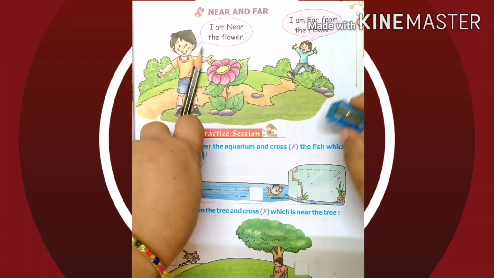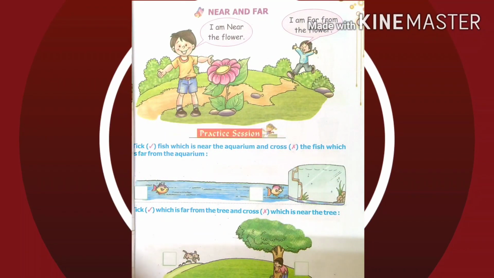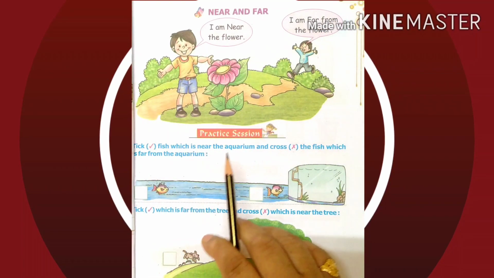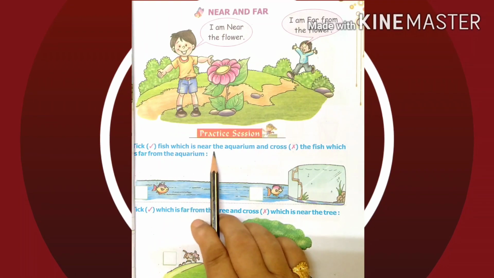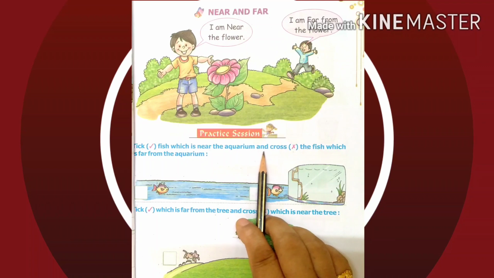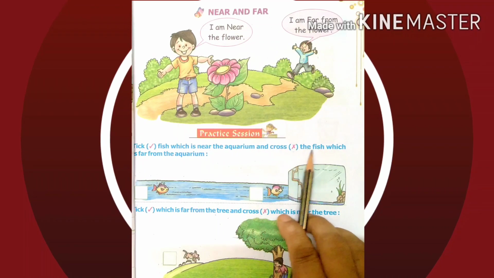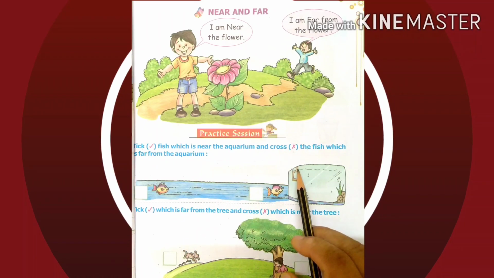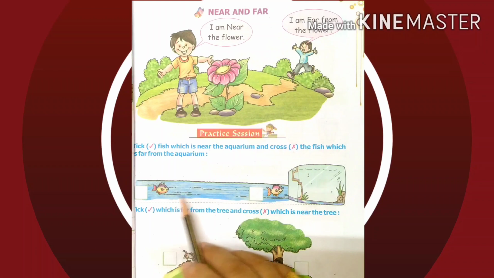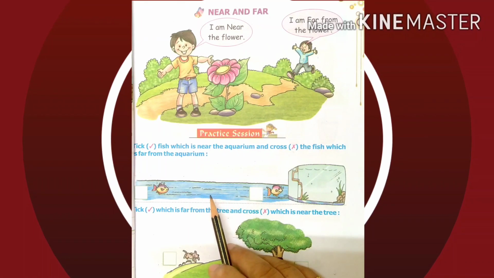Okay, now let's do the exercise in practice session. Tick which is near the aquarium and cross the fish which is far from the aquarium. Children, this is an aquarium. Two fishes in the water.